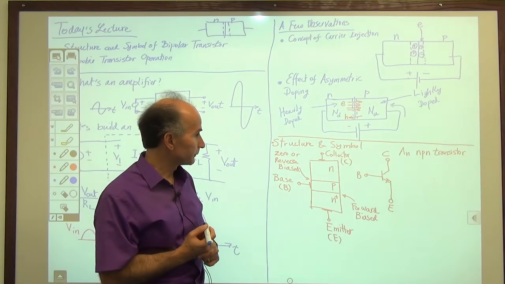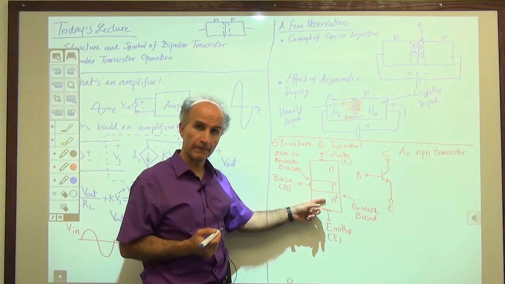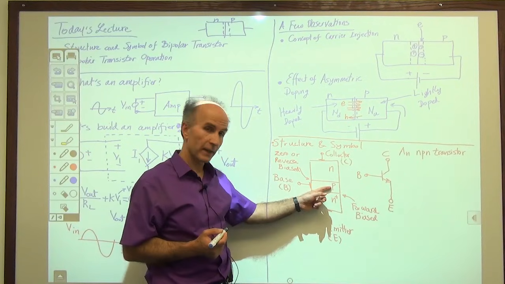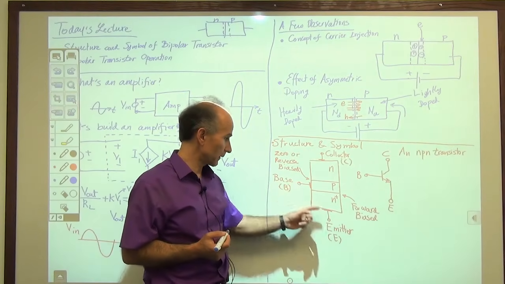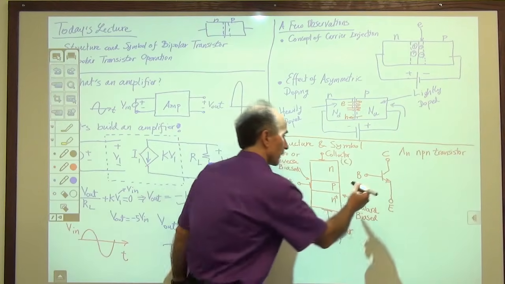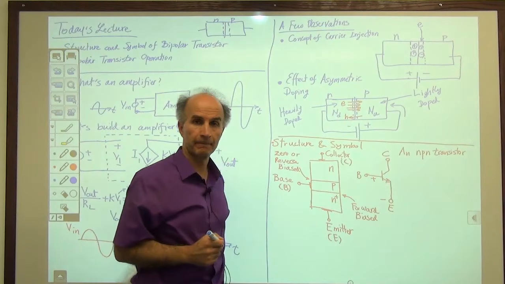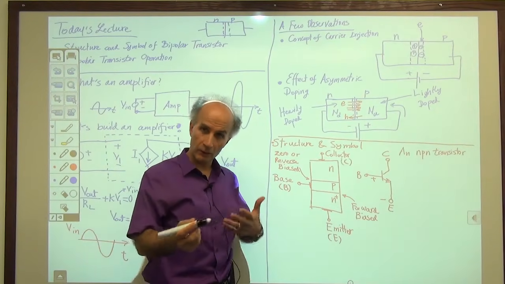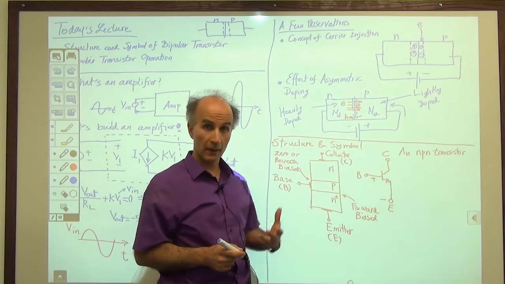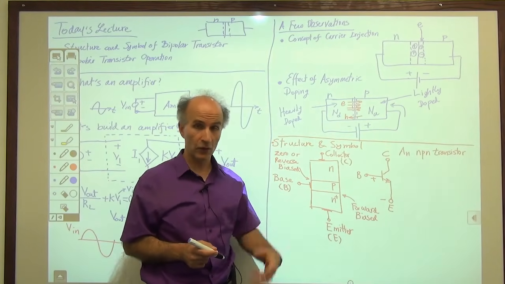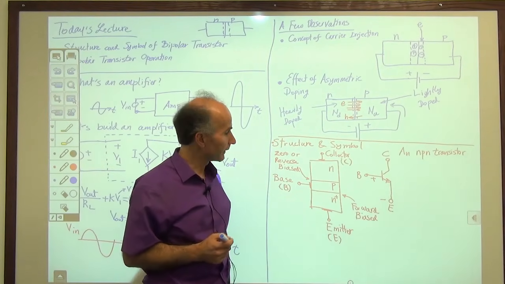Okay, so under what condition is the junction forward biased? Well, P should be positive with respect to N. So base should be positive with respect to emitter. So this point has to be positive with respect to this point. By how much? 700 to 800 millivolts. Right? That was the voltage that we said is a typical value for PN junctions to be forward biased and have some reasonable current in them.